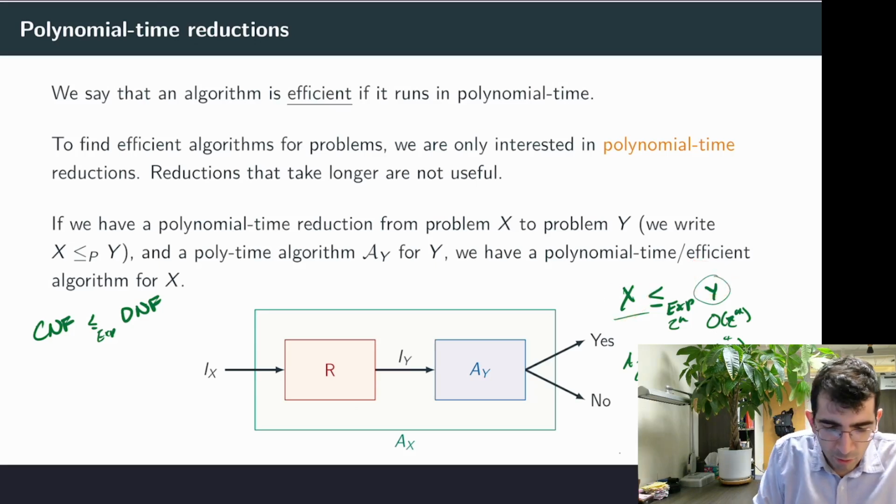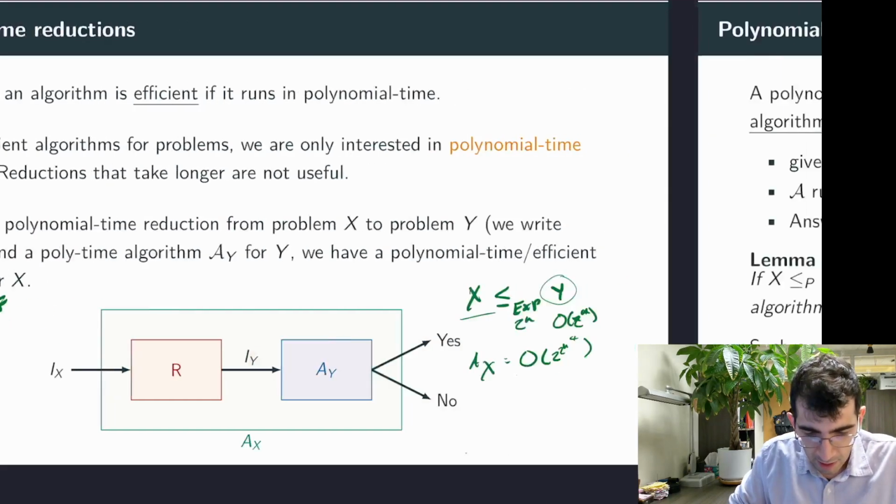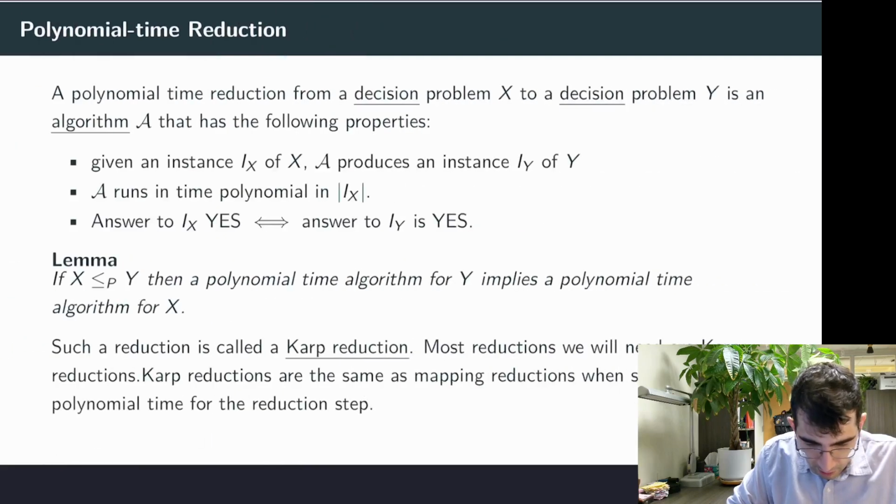If we only use polynomial time reductions, then that'll still allow us to prove that if y is polynomial time, then x is polynomial time, or if y is non-deterministic polynomial, then x would also be non-deterministic polynomial. Y would be something greater than non-deterministic polynomial. We'll discuss that point more in a minute.